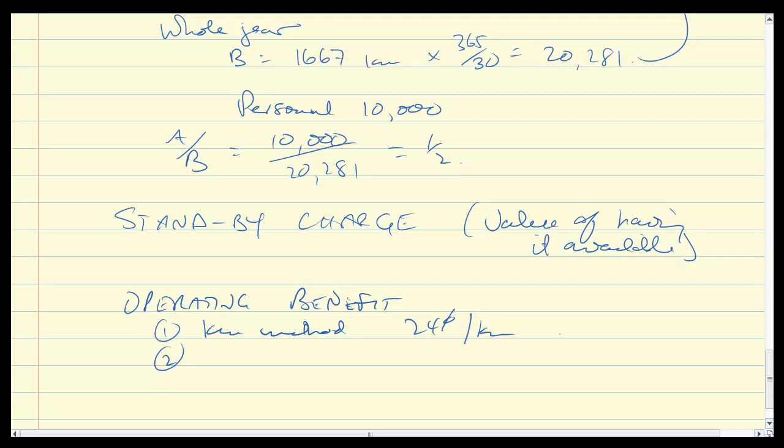Okay, that's what your benefit is. So in our case we had 10,000 here for this guy. His operating cost benefit, this is again only if the company is paying for gas, maintenance, all of those other things, which in this day and age is a little bit rare. So it would be $2,400. Is that right? Did I do that math right?